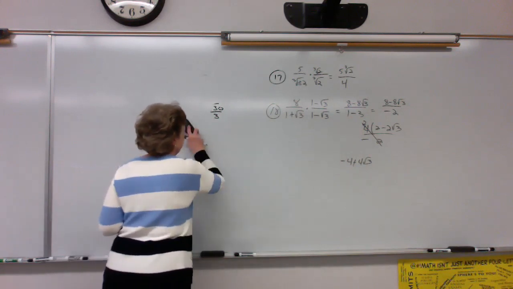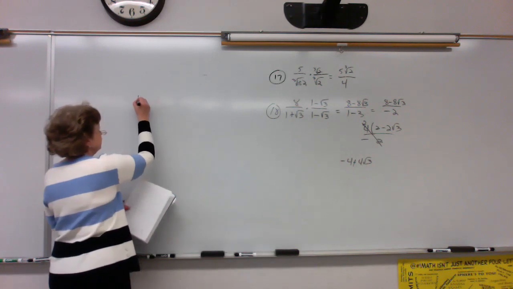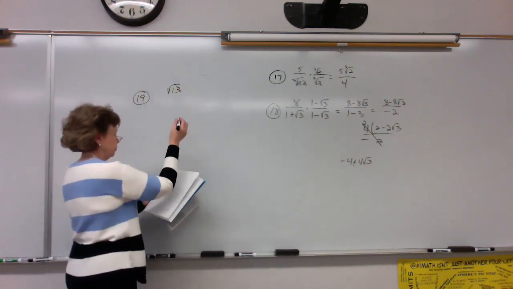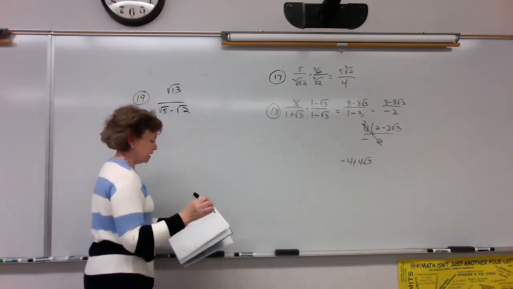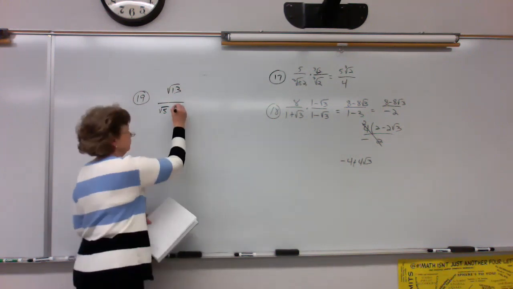Look at number 19. Another conjugate one like that. So I have the square root of 13. This is for number 19. We have the square root of 13, and it's over the square root of 5 minus the square root of 2. So this time, no, it's not just minus 2. Nothing fancy.